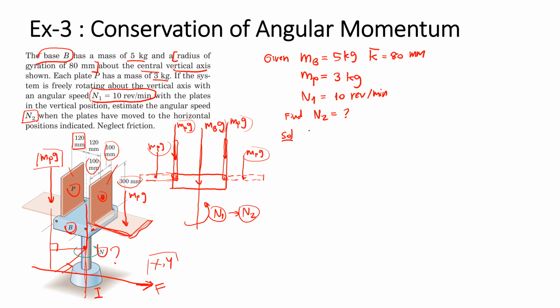The impulse momentum equation: the integral of the summation of moment dt equals the delta of the angular momentum.